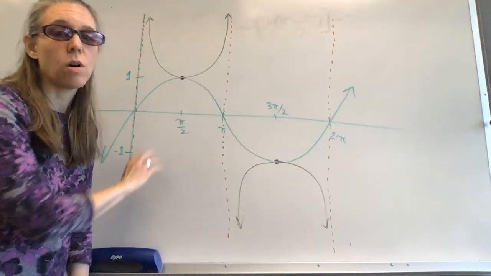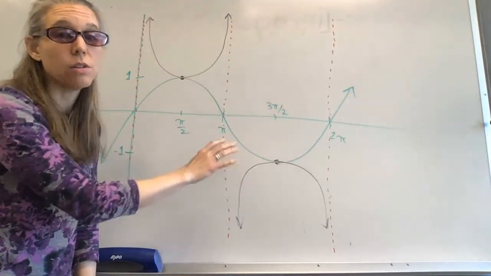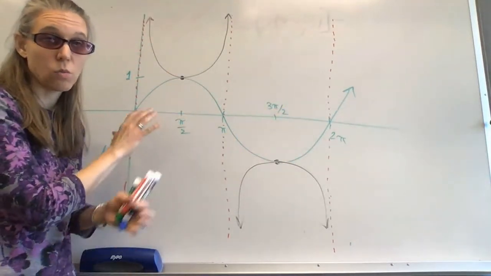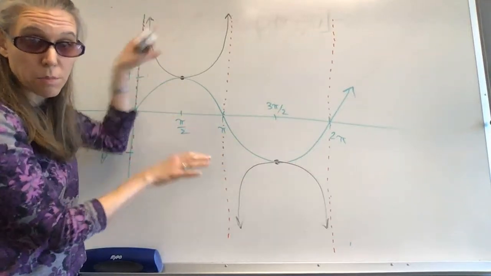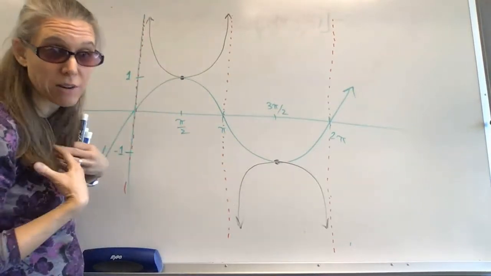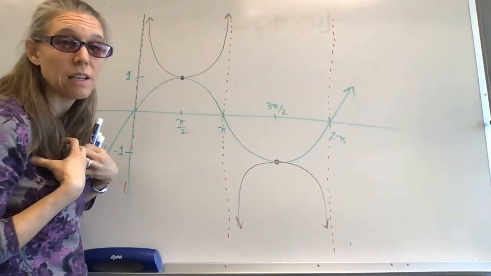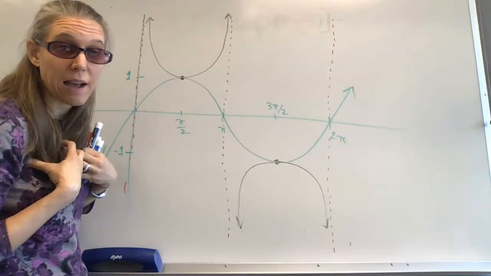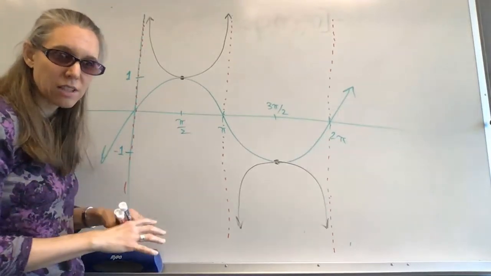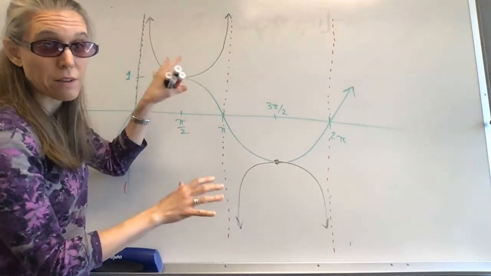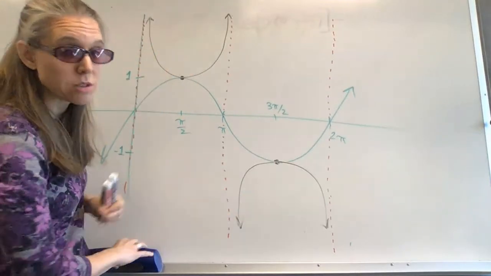Now, you don't actually want the sine graph included in your picture. So if you want to draw the sine graph so you can piggyback off it, which is how I like to do it, you can use either a dotted line or a highlight or something that differentiates the sine graph from the graph you're actually graphing, which is cosecant.